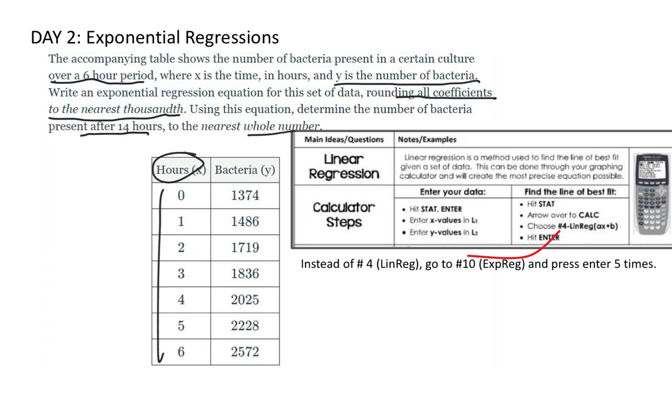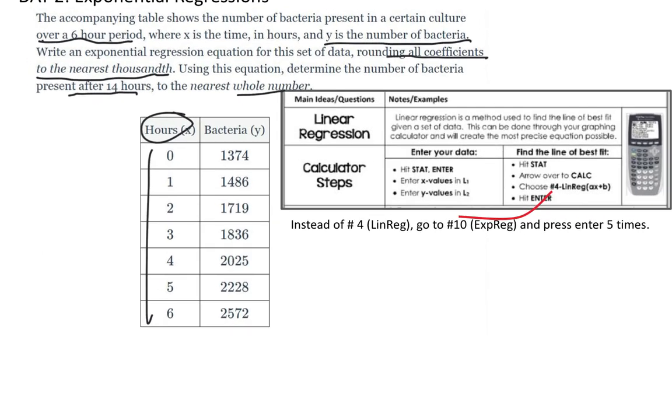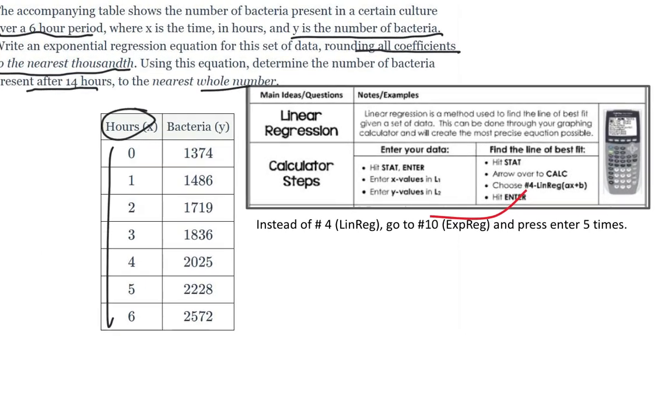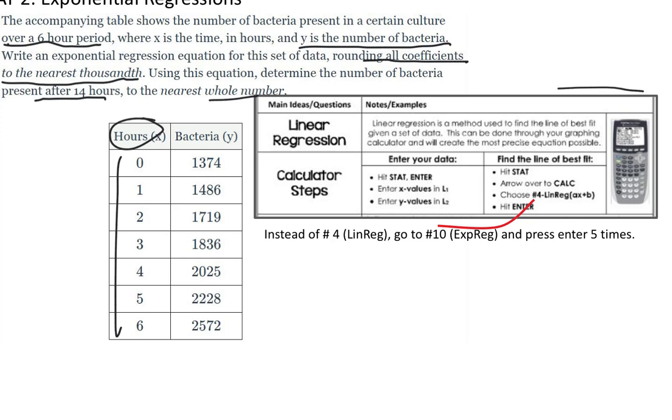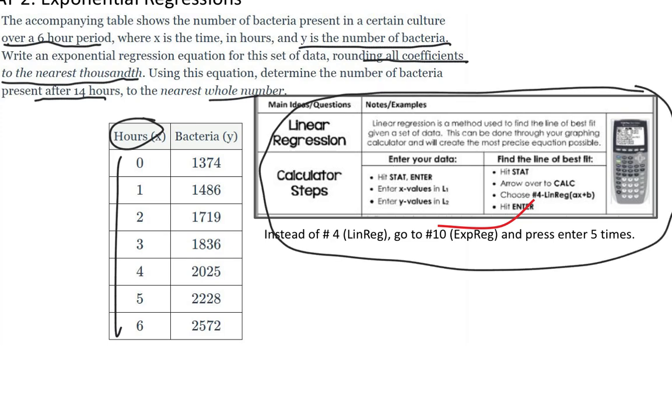Okay, make sure you read those directions so you know where to round your answers. All right, so these are the steps for linear regression. Same steps, the only thing is right here where you would choose number 4 for linear regression, we're going to go to number 10 for exponential regression.